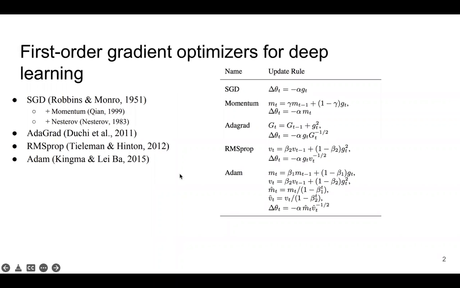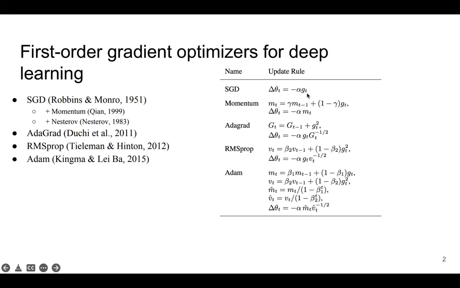of past gradients. For example, in Adagrad, you can see the delta theta is a function of the gradient.